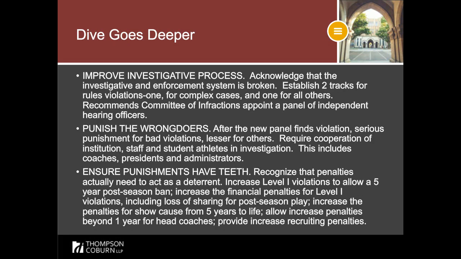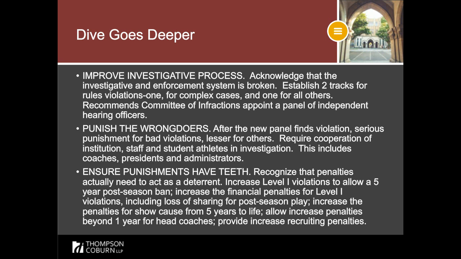They recommended improving the investigative process. They acknowledged that the current system of investigation and enforcement is broken. They wanted to establish 2 rules for rules violations, one for complex cases and one for all others. They recommended a committee of infractions appoint a panel of independent hearing officers.